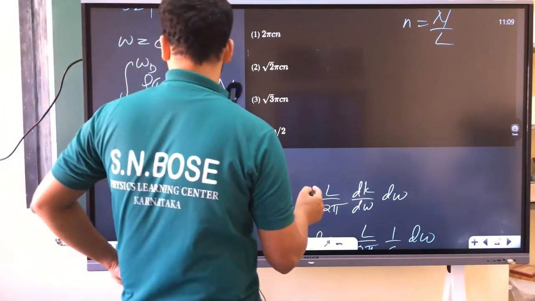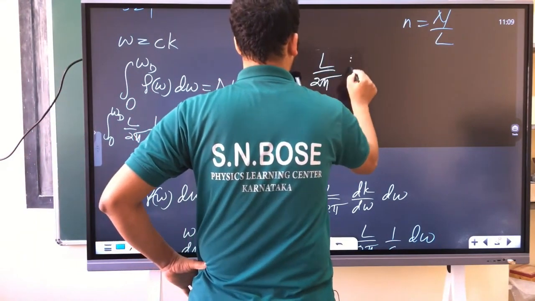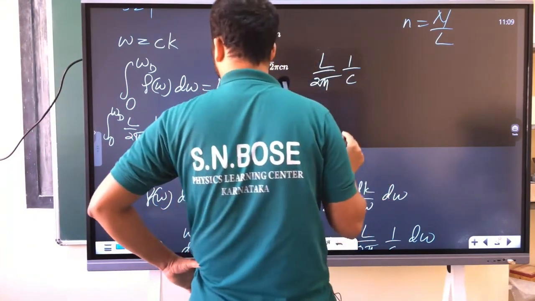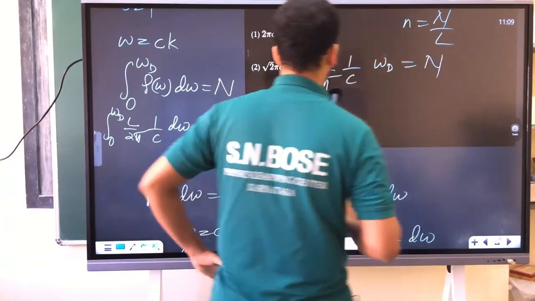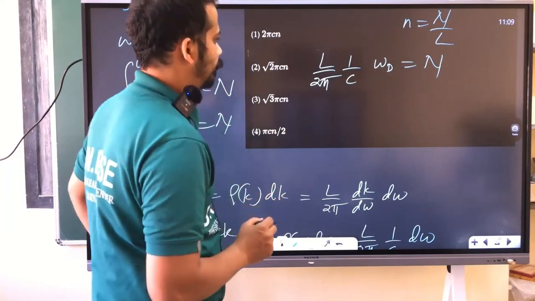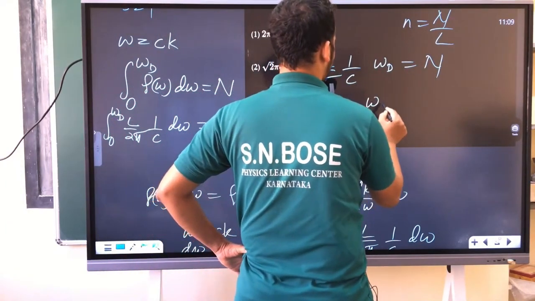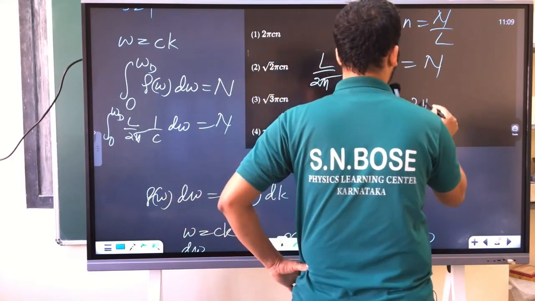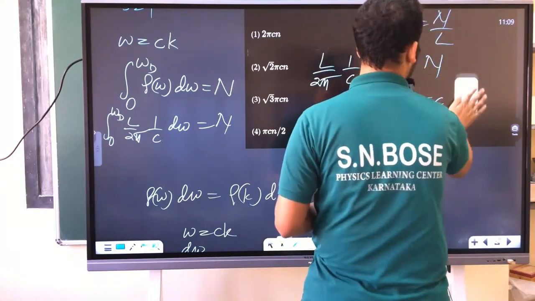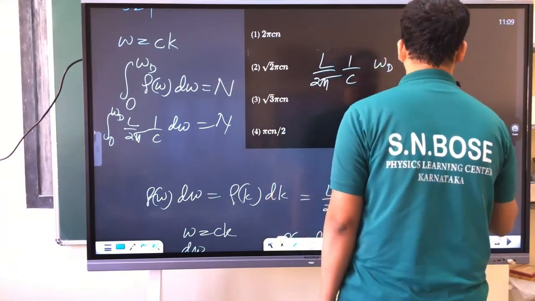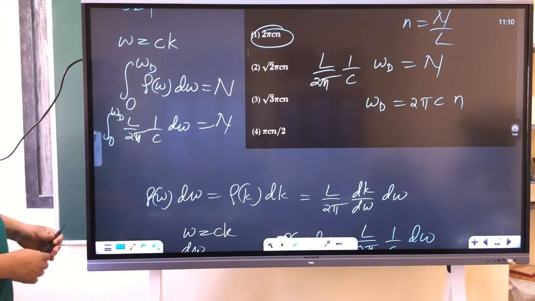When I do this, L by 2 pi 1 by c omega D is equal to N. N by L, he writes it as small n, so omega D is equal to 2 pi c into small n. Right, okay? Let me move on.